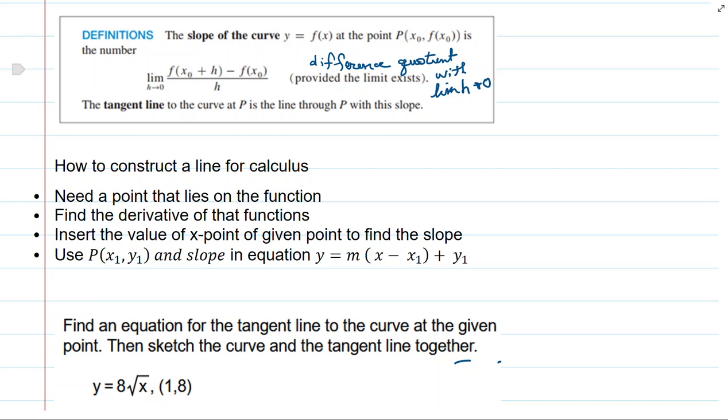So we first, in calculus, you've got to make sure there's not a typo, especially if I'm typing something. You have to make sure the point exists on the function. And that's what I wrote. Need a point that lies on the function. Find the derivative of that function. Insert the value of the x point in the given point to find the slope. So we're talking about f prime of that x1 value.